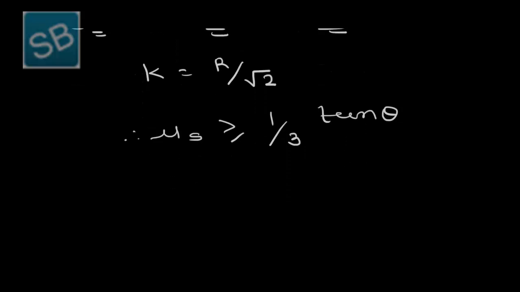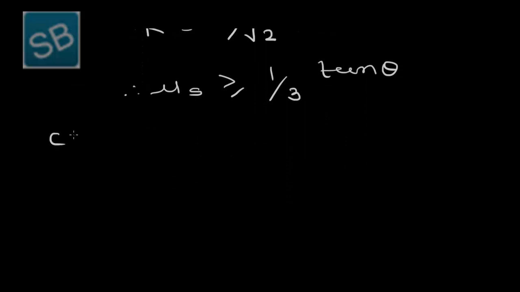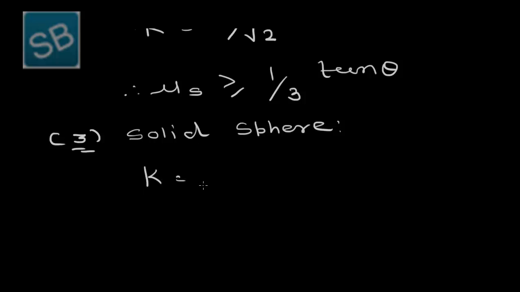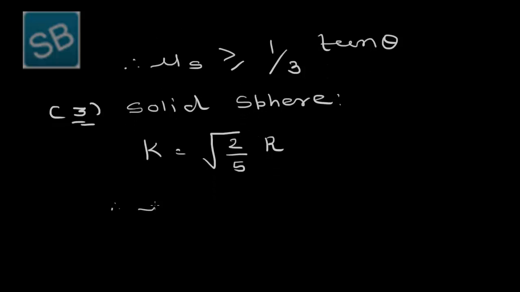Similarly, if you see for the solid sphere, and the well-known example of a solid sphere is our Earth, the radius of gyration is given by under root 2 by 5 r, and so the coefficient of static frictional force should be greater than or equal to 2 by 7 tan theta.